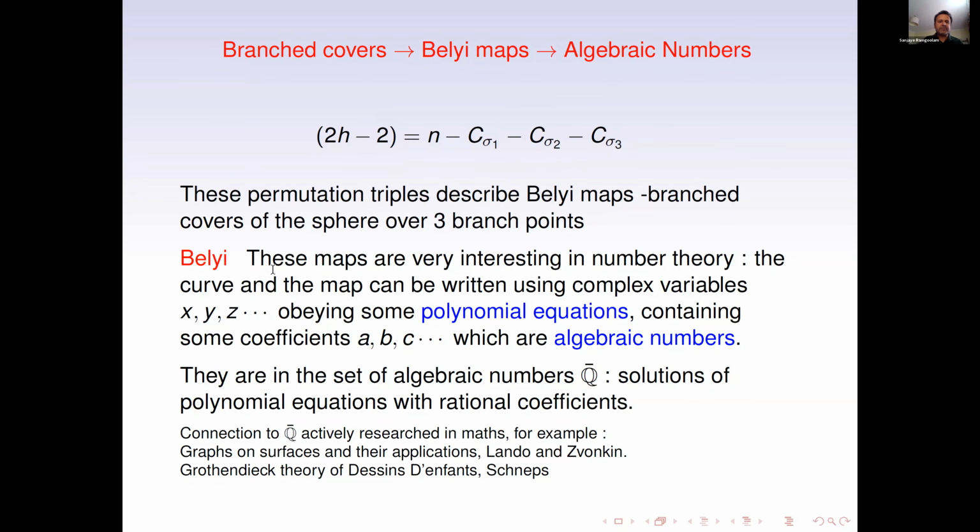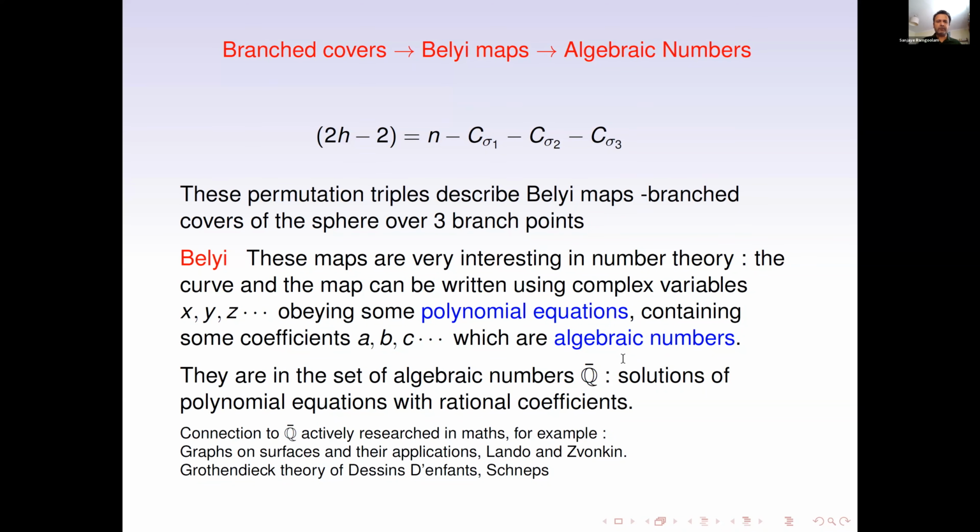So these maps in particular with precisely 3 branch points, they have some rather remarkable properties proved by Belyi, that in fact, any of these maps can be written by writing equations for a curve and writing equations for the map using some complex variables x, y, z, obeying some polynomial equations. And these equations contain some coefficients which are algebraic numbers.